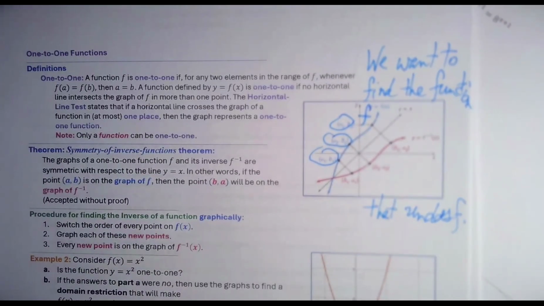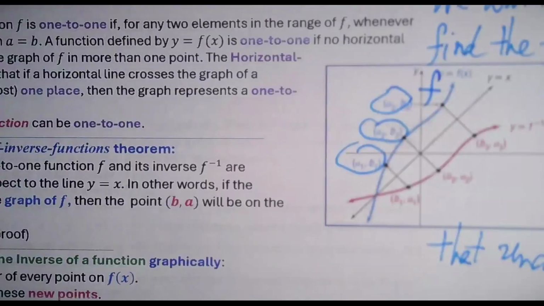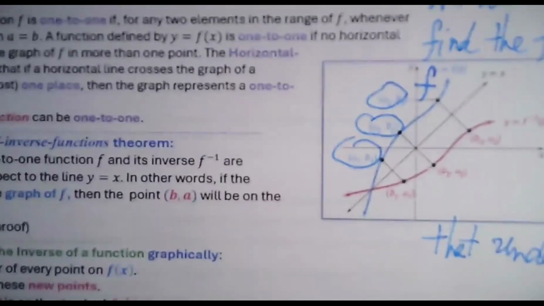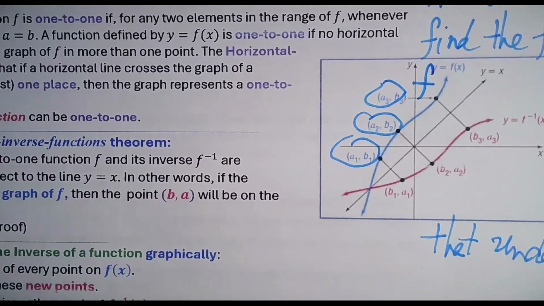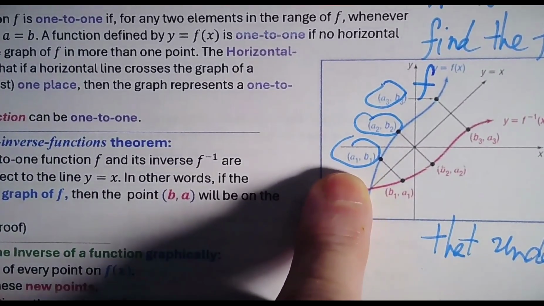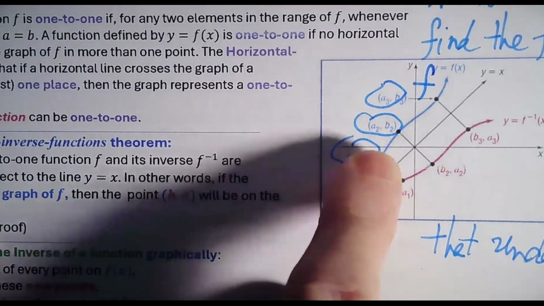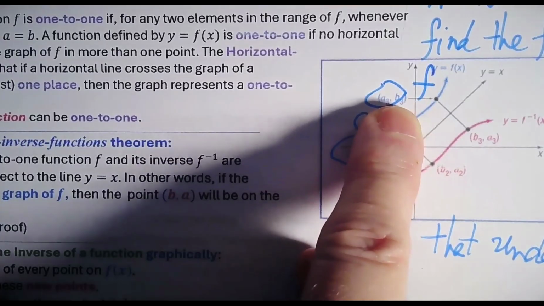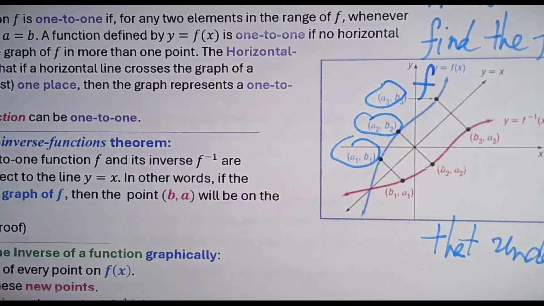So I'm going to make this a little bit bigger. Let's see if we can focus. So the point A1, B1 is on f, the point A2, B2, and the point A3, B3. Those are all on f.